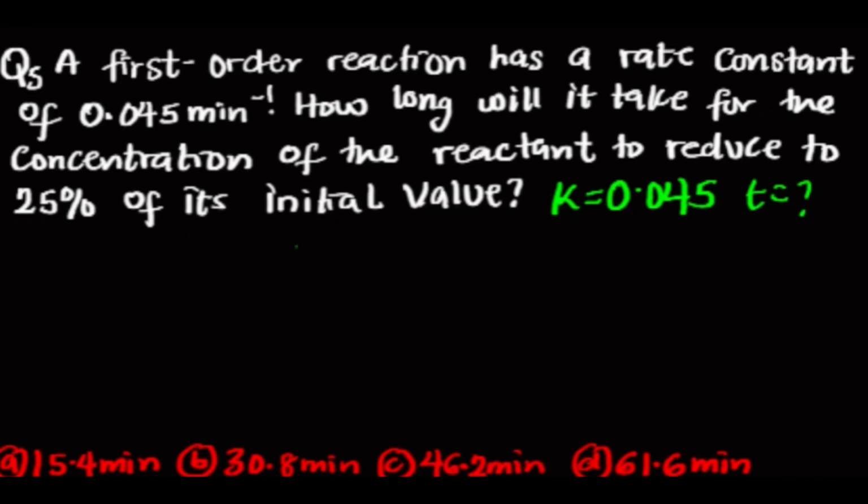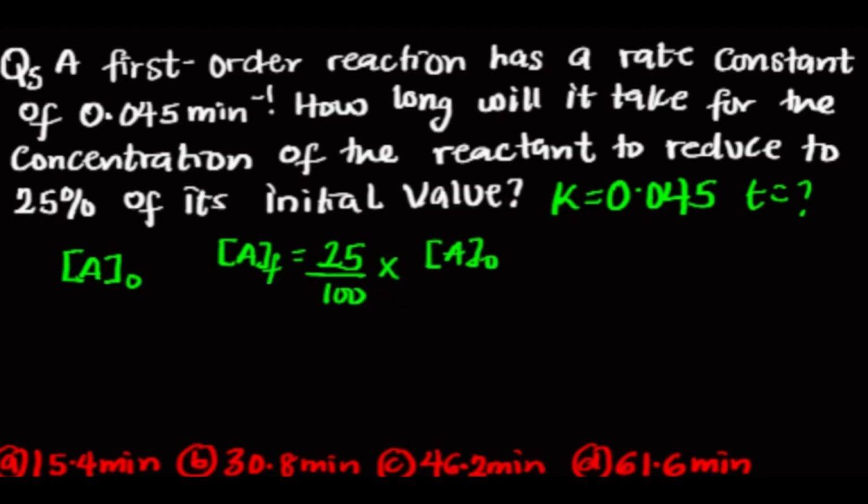Now what this means is that if the initial value of the reactant is A, then how long will it take A to reduce? If you have the initial concentration to be A naught, then the final concentration is going to be 25 divided by 100, multiplied by the concentration of A naught.